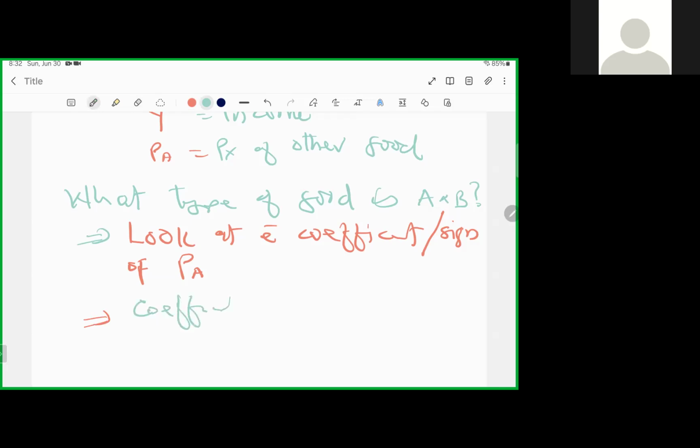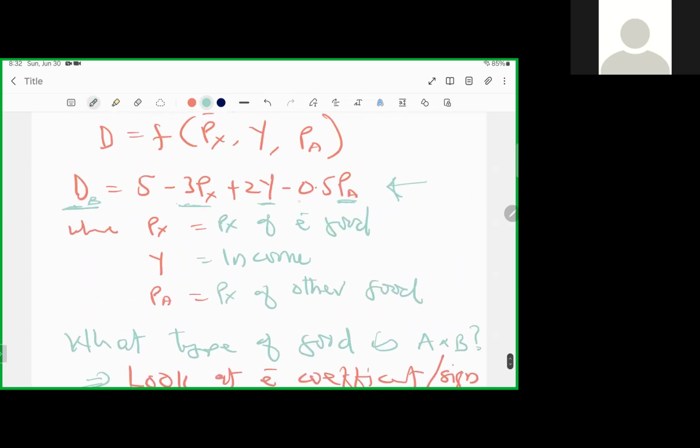The coefficient of PA, that is the price of the other good, in this equation is here.